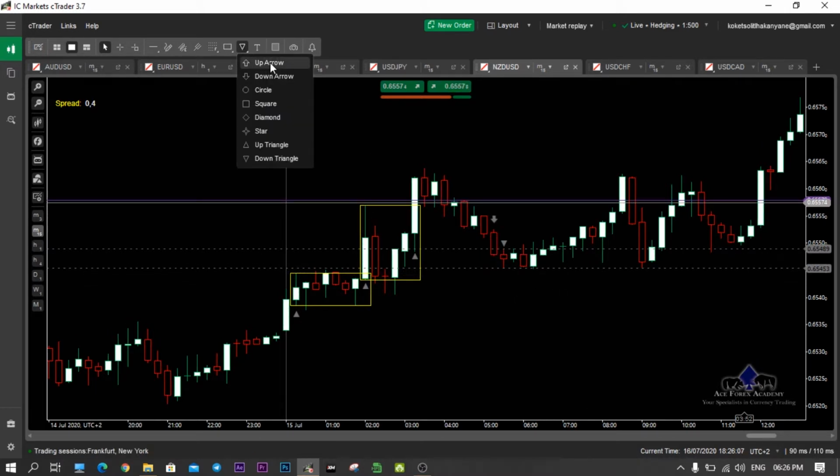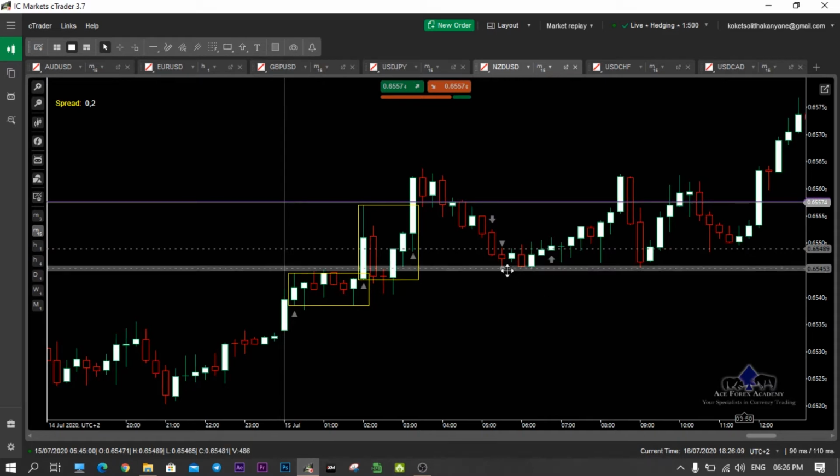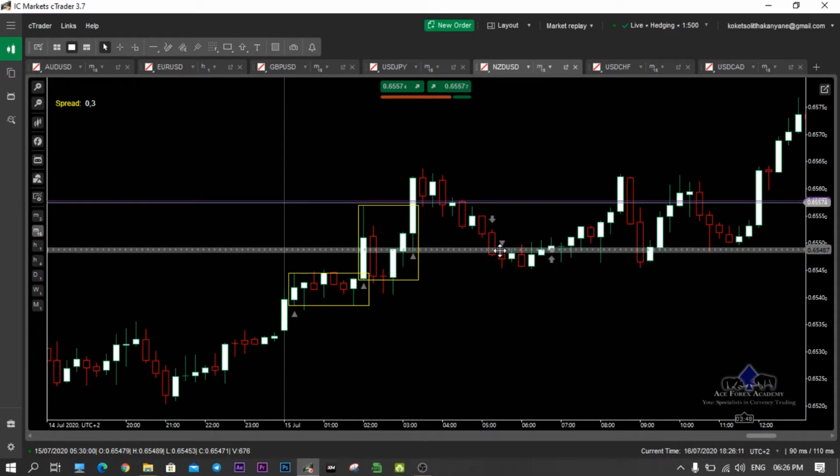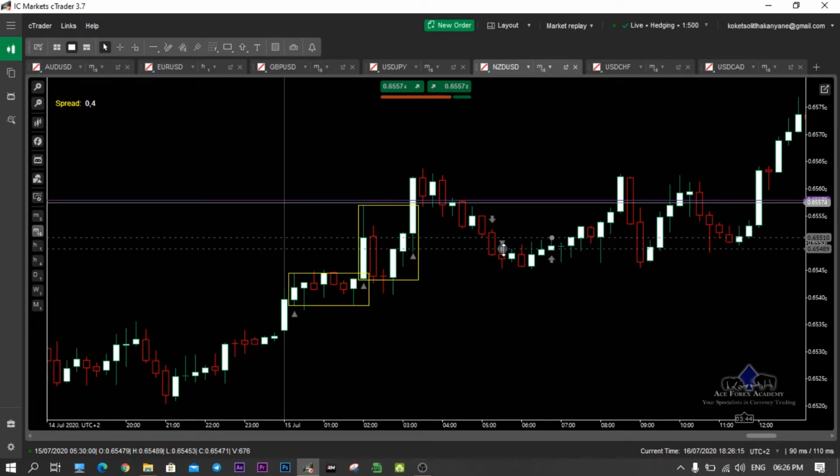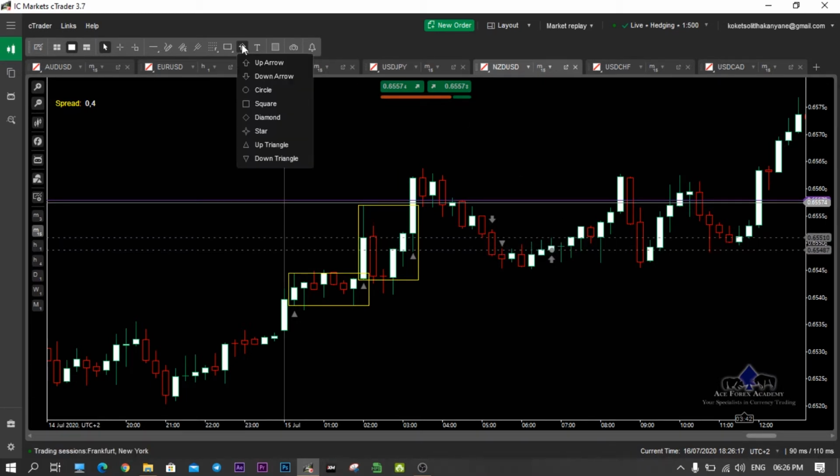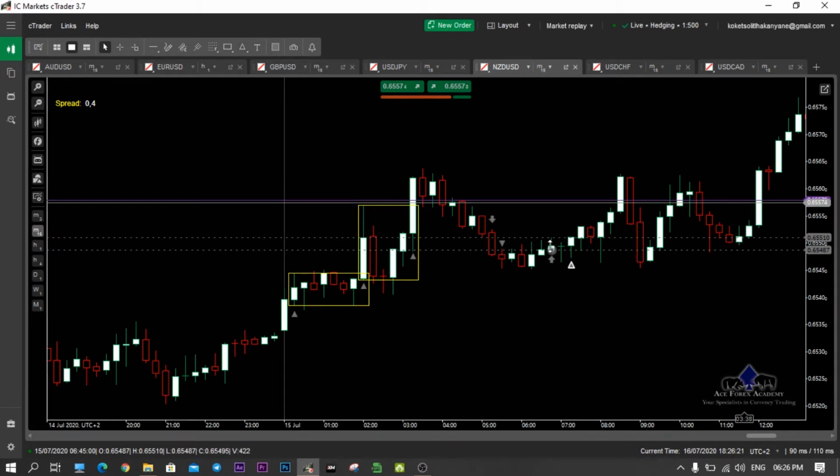The bears then lost the battle, bulls kicked in. Let's see how long they managed to sustain this trend. Continue to push towards the upside, continued and gave us our higher highs and higher lows. Brief area of consolidation.